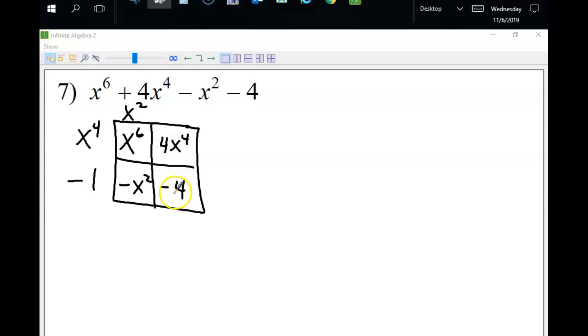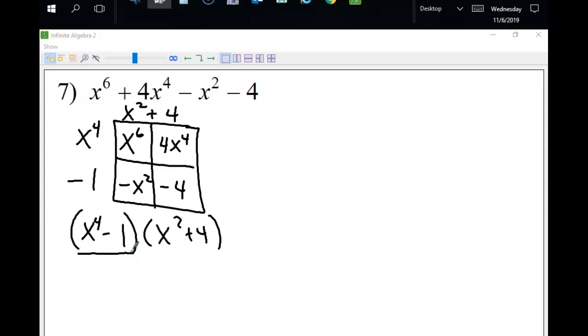And in this column, they both have a 4 in common, but it's a positive 4. So here we go. We have x to the 4th minus 1 down the side there, and then x squared plus 4 along the top, and we have a difference of squares again.